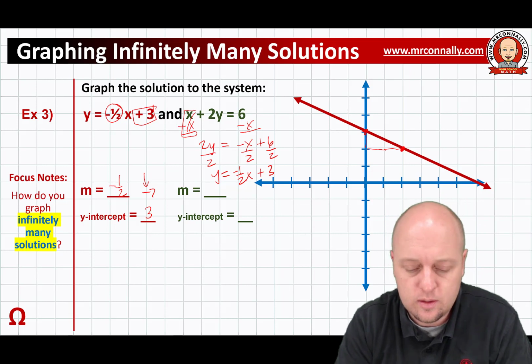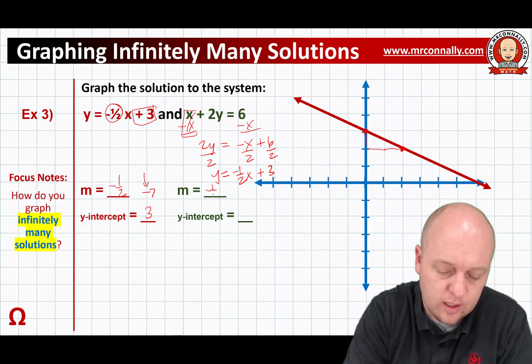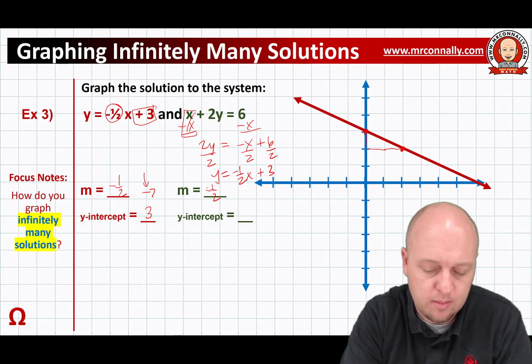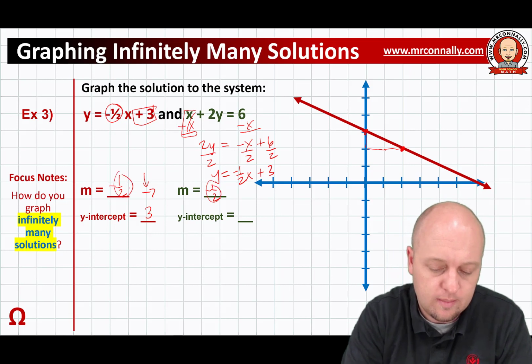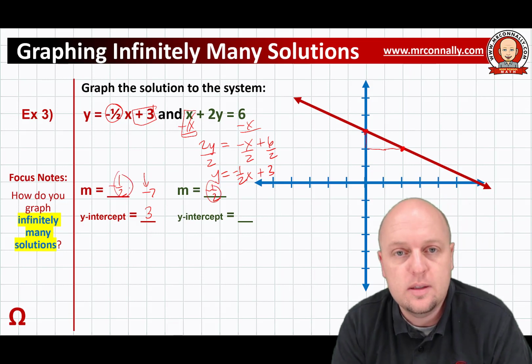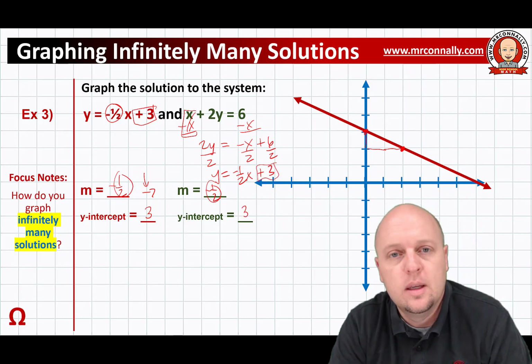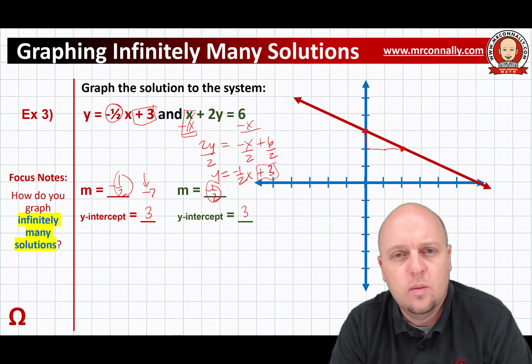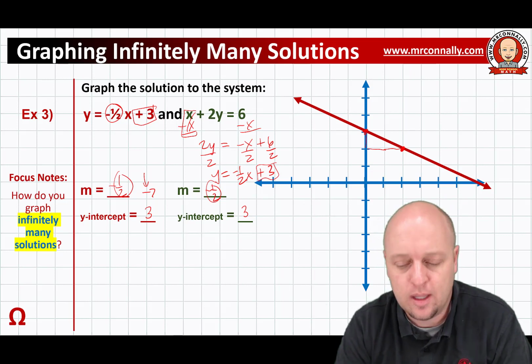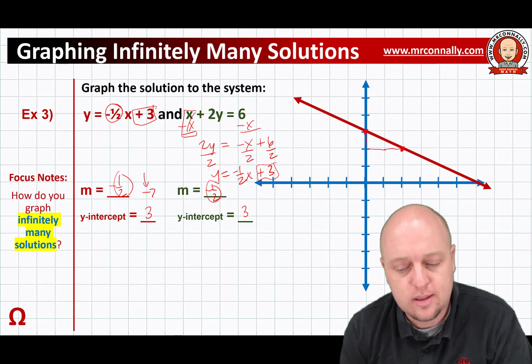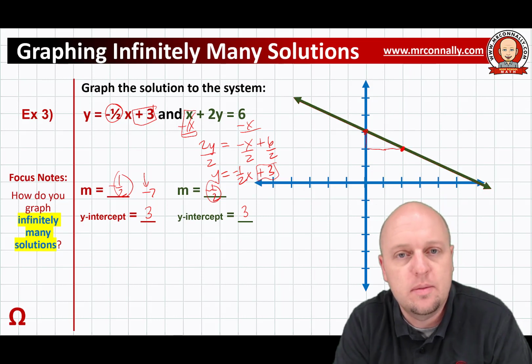All right, this is a little weird. So negative 1/2, that's the same. Okay, so that means that we've got some parallel lines here. Okay, that's good. But wait, it also has a y-intercept of 3. What does that mean? Well, it means that they're the same line. So if I have two lines that are the same, they go right on top of each other like that.